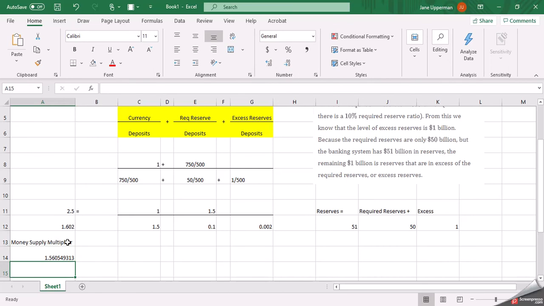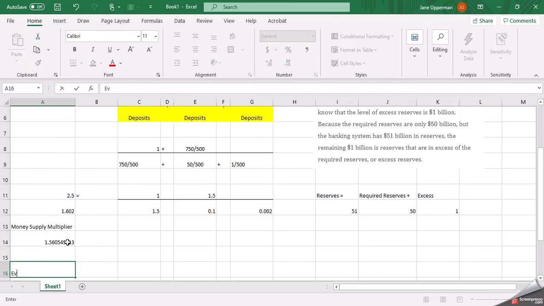What we use it for is this: every dollar increase in the monetary base will lead to a $1.56 increase in the money supply.